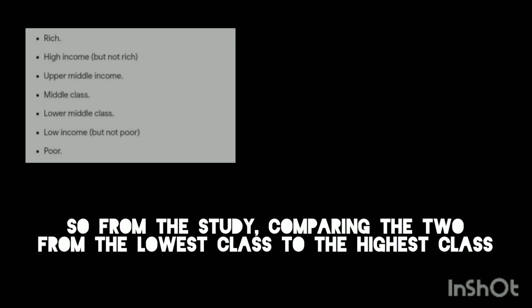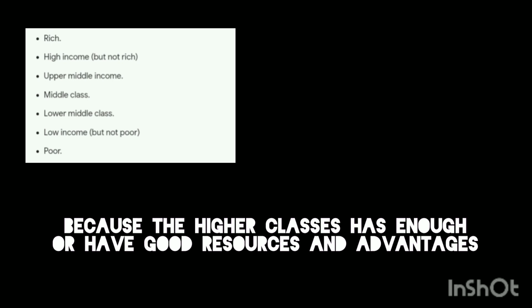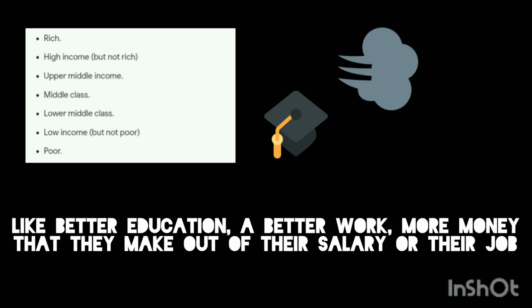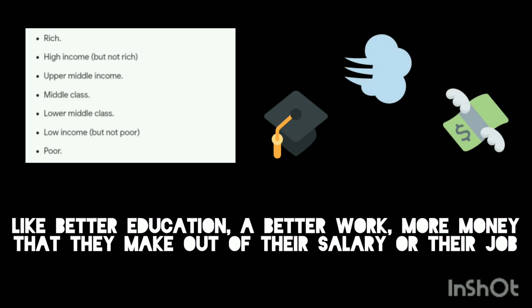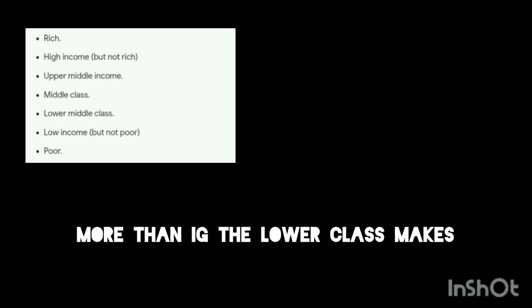From the study comparing the two, from the lowest class to the highest class, the lower class has minimum or fewer resources and advantages than the higher class, because the higher class has good resources and advantages like better education, better work, and more money that they make out of their salary or their job, more than I guess the lower class makes.